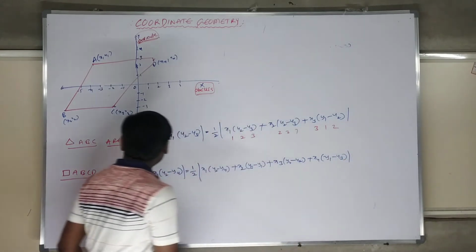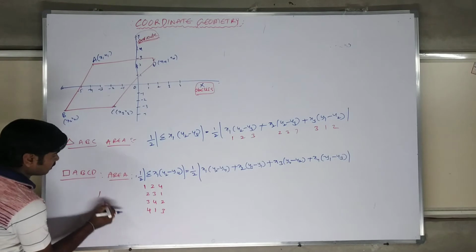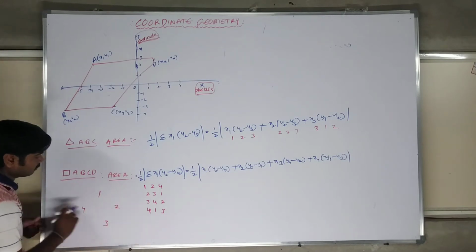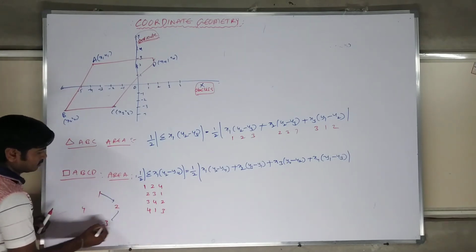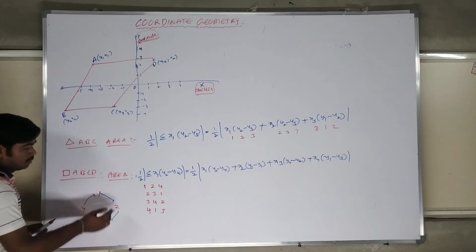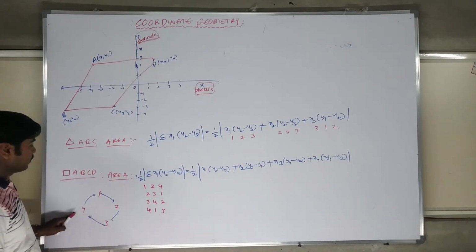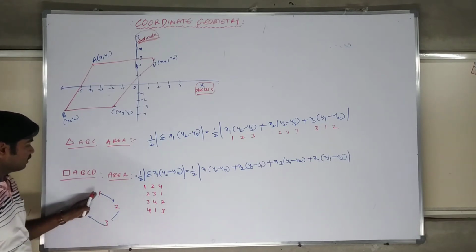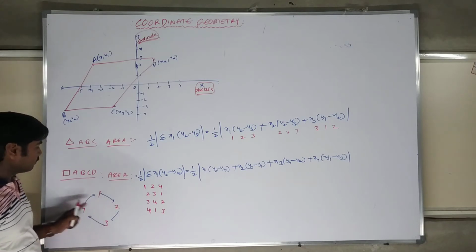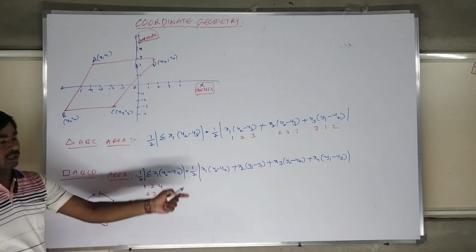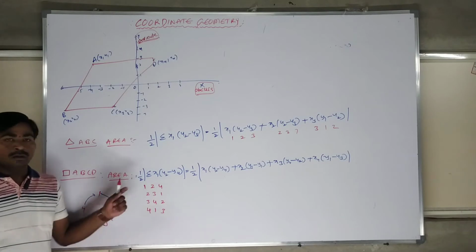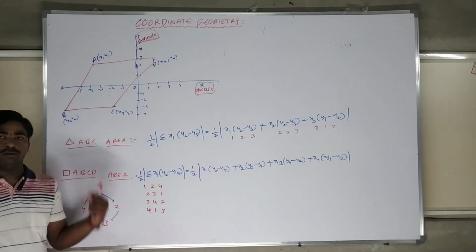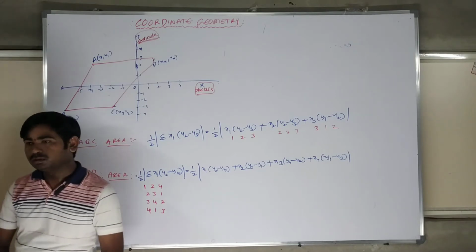This is the way you can write it. Actually we have the sequence 1, 2, 3, 4. With 1, 2, 3 the 4 will come; with 2, 3, 4 the 1 will come; with 3, 4, 1 the missing 2 will come; with 4, 1, 2 the 3 will come. This is the way you can write the quadrilateral formula. So you can apply it to find the area of a triangle and the area of a quadrilateral.